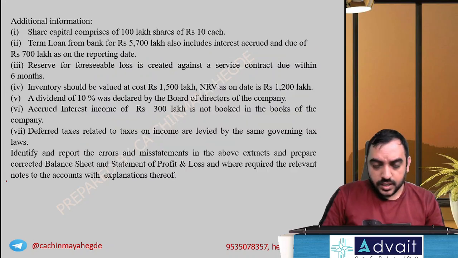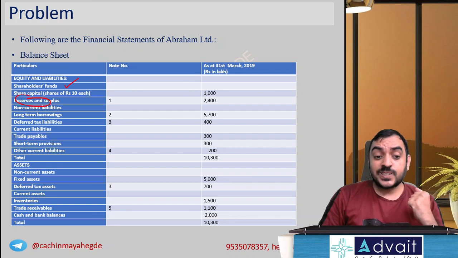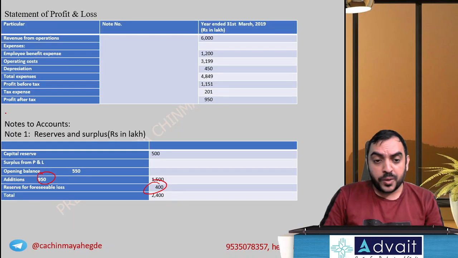Then one more thing that is missing is they have not given the heading of financial assets, financial liabilities. Under current also, non-current also, for assets also, liabilities also, the breakup of financial asset and liability is not given. There's one more problem here, an error.